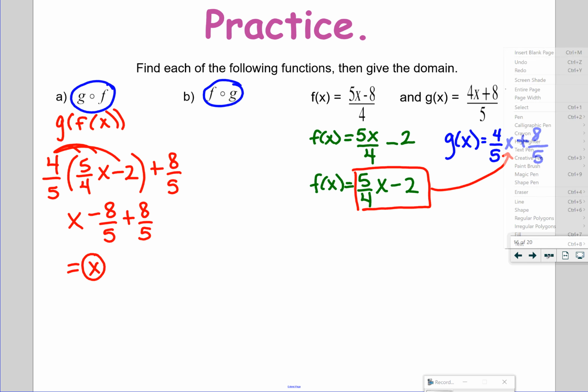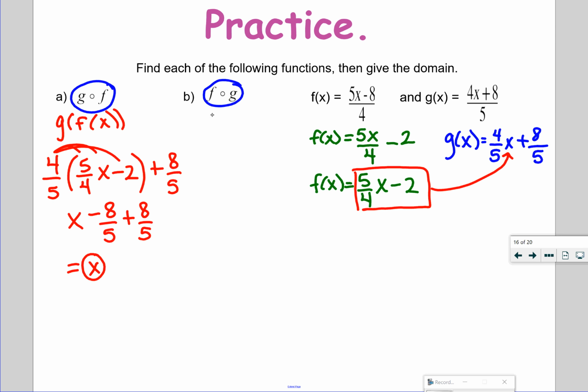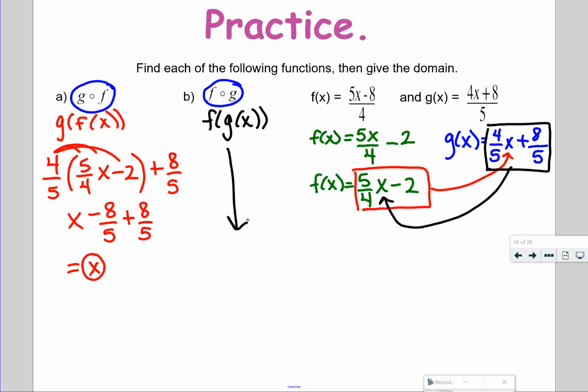In the second one, f of g of x, which I can write like this, and if you wrote it in words, that's plugging g into f. So that looks like this. I'm going to do this down where I have a little bit of space. 5/4, take my x out, put function g in its place, 4/5 x plus 8/5 minus 2.